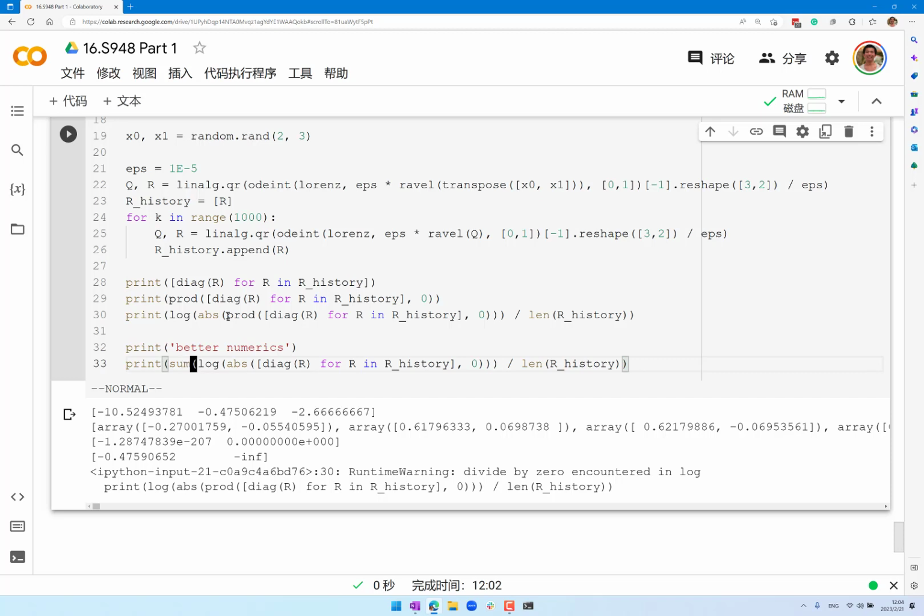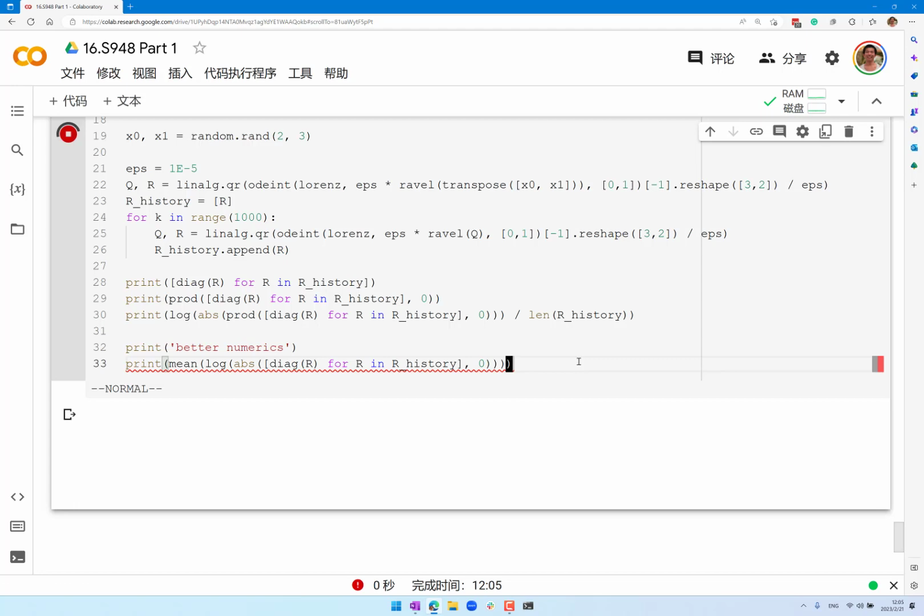Now we are taking the sum of a bunch of things divided by the length, which is the same length as what is inside the sum. So the sum divided by the length becomes the average, and we can just take the mean. All right, so that is our new improved numerics.